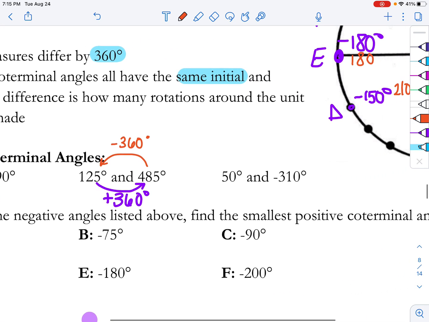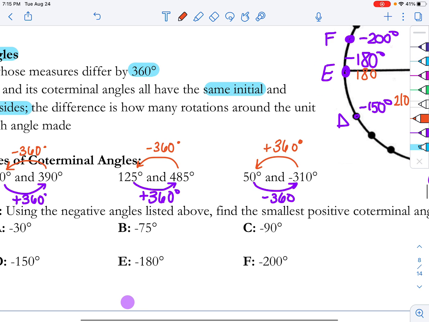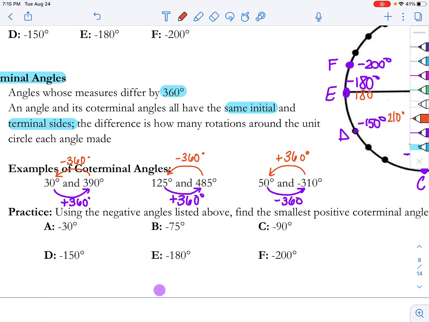And we can do the same thing with negative and positive angles. So we could subtract 360, or we could add 360, depending on what angle value is going to help us out the most. All of these examples are angles that look the same but have different measures.